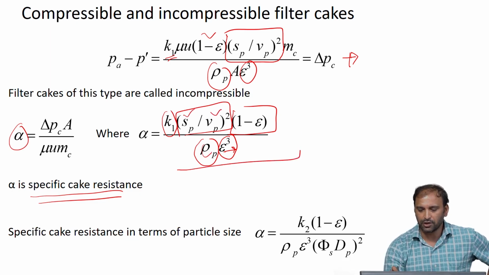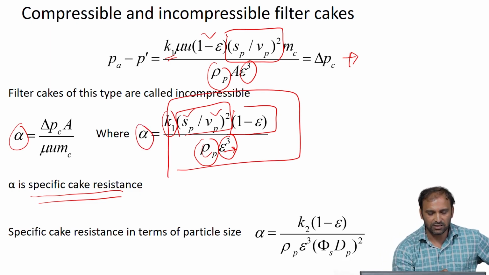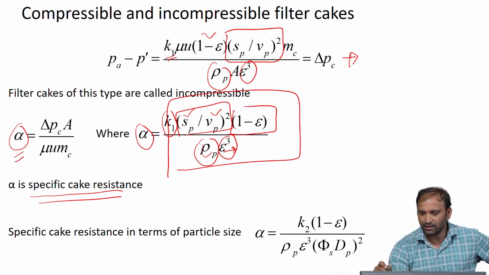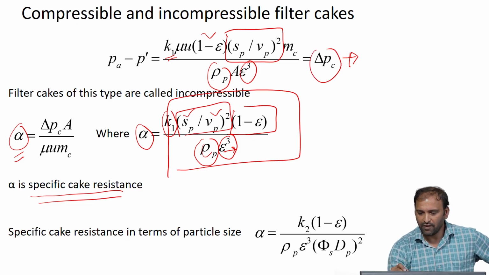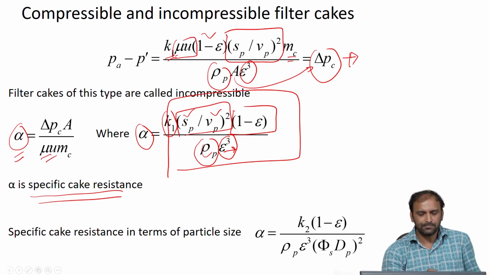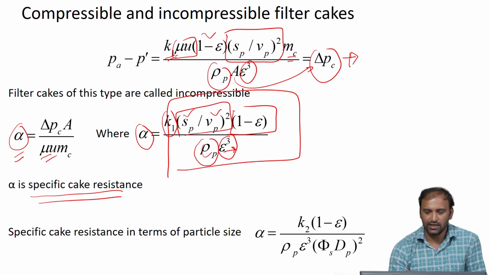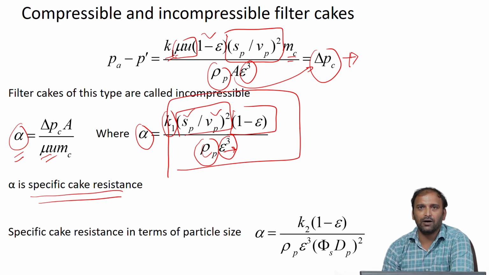All these constants clubbed together give alpha, and you're left with delta Pc, and A goes to the numerator, divided by mu u and mc.